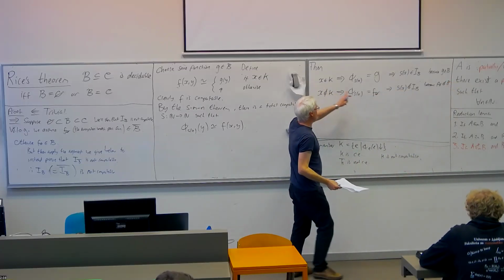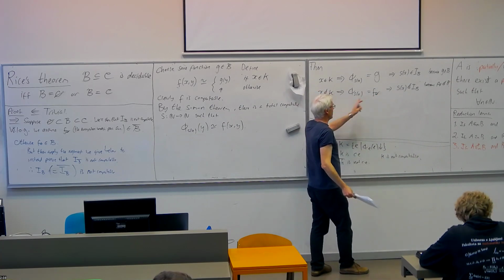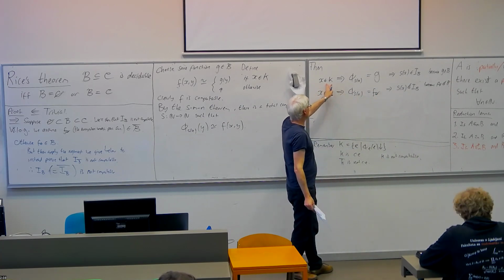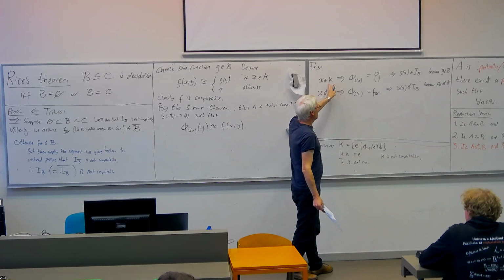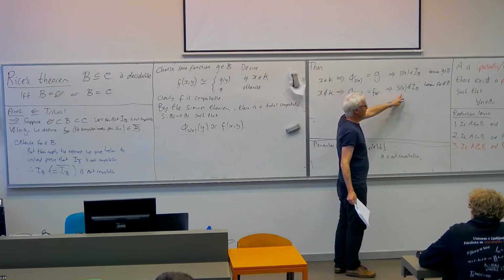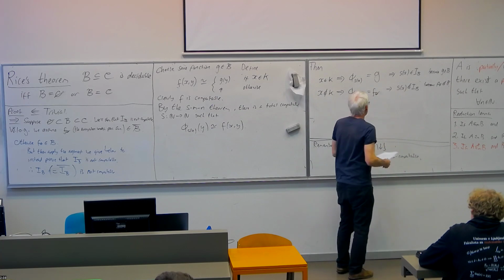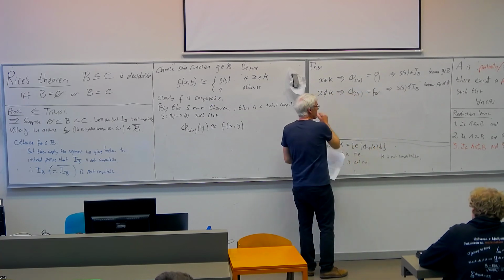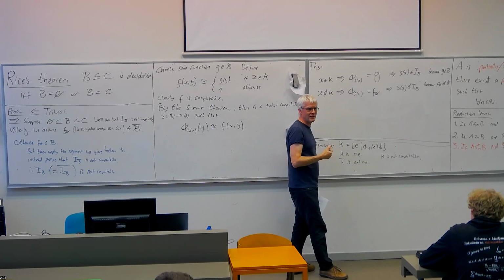And we see these two chains of implications give us that x belongs to K if and only if s of x belongs to I of B. So S, I think in my explanation earlier, I was saying it the wrong way around.